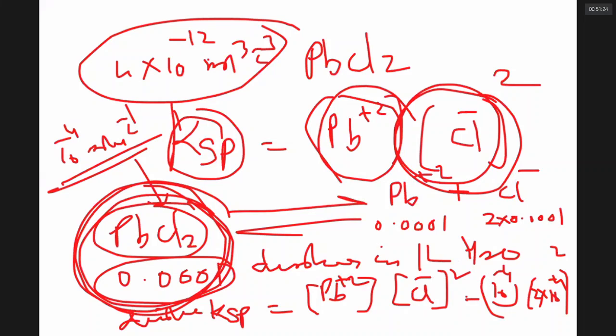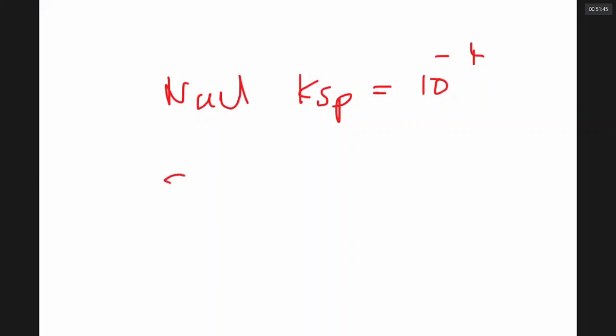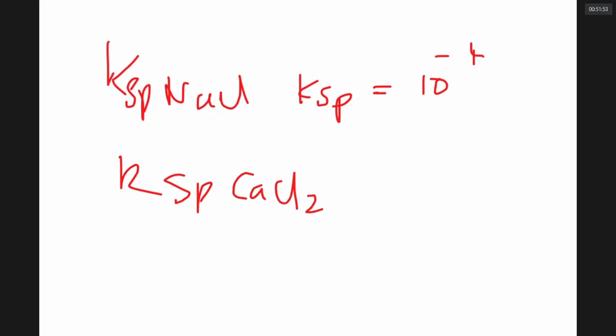To avoid the confusion, here I have a problem. Solubility product of NaCl is 10 to the power minus 4. Solubility product of CaCl2 is 10 to the power minus 5.